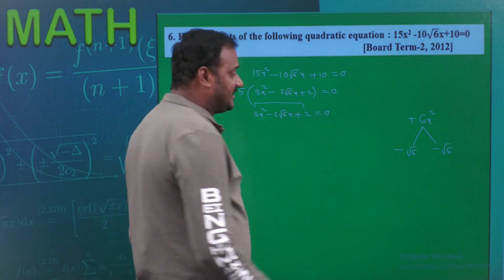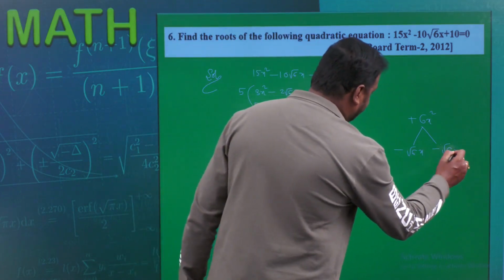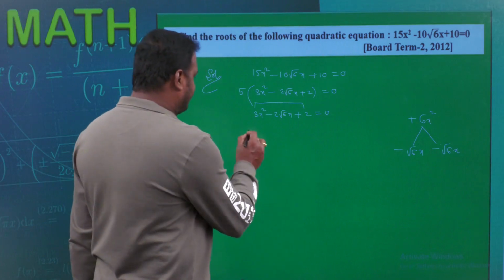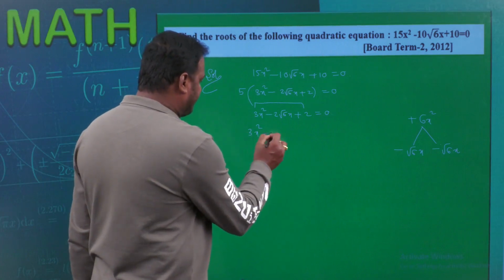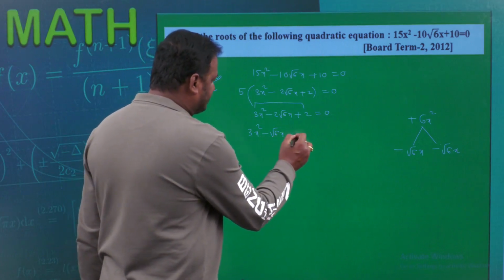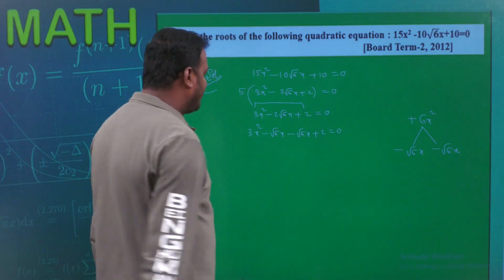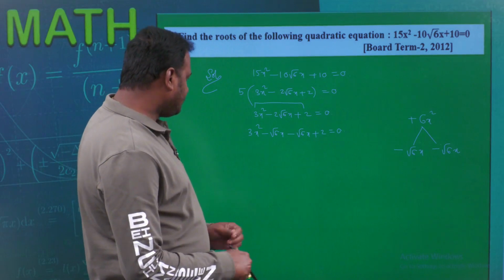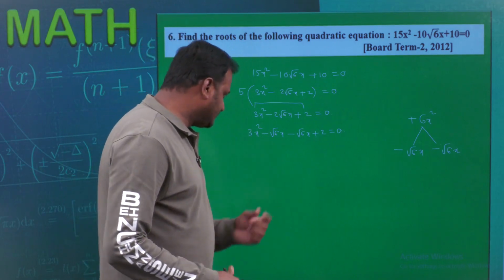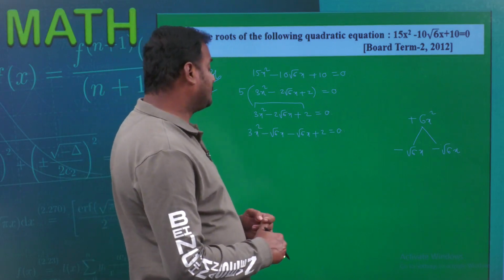Yes, my factors are minus root 6x and minus root 6x. So then I would write this as 3x square minus root 6x minus root 6x plus 2 equals 0.